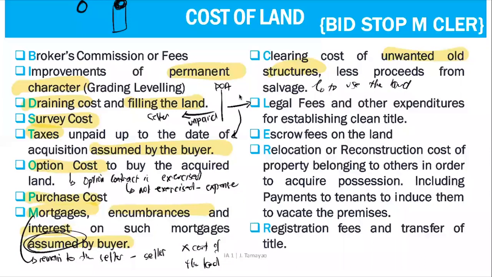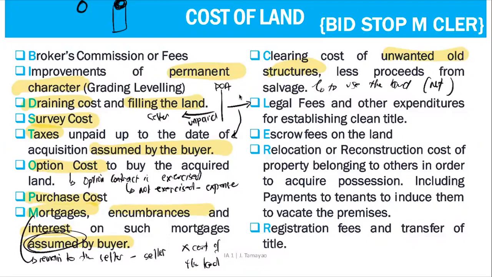So makikita nyo mamaya pag gagawa tayo ng building, tapos may tatanggalin na iba doon sa land, let's say may building or structure doon sa land, tapos tinanggal natin yung structure na yon, makikita nyo kung anong effect niya naman sa cost of building. So take note dito, yung clearing cost talaga must be attributable to the use of the land. If not, then we do not include it. Okay, so to the use of the land. Take note also, this must be included net of proceeds.